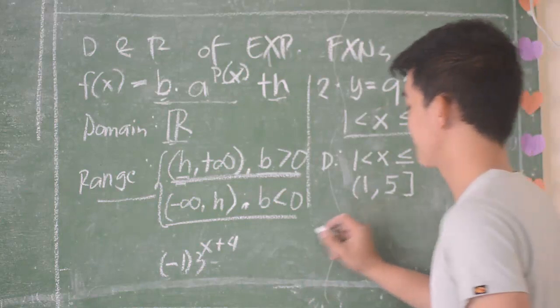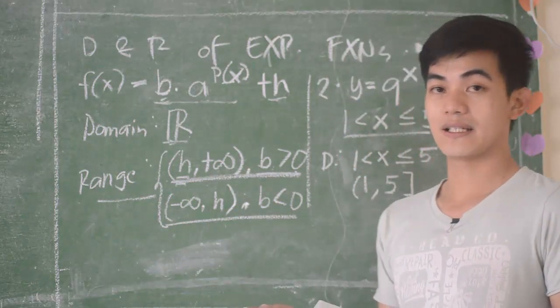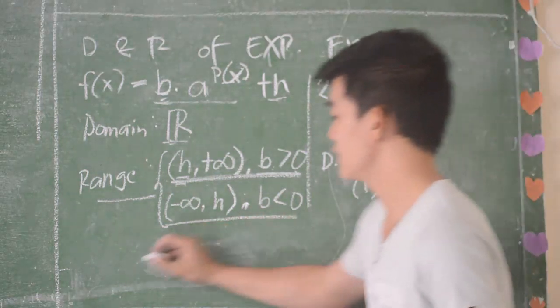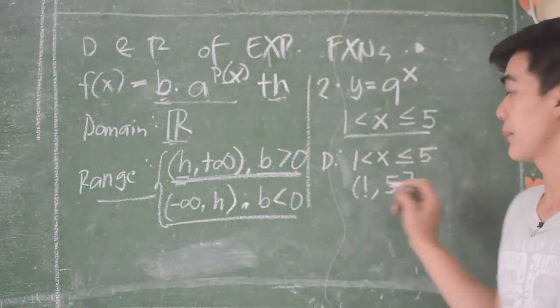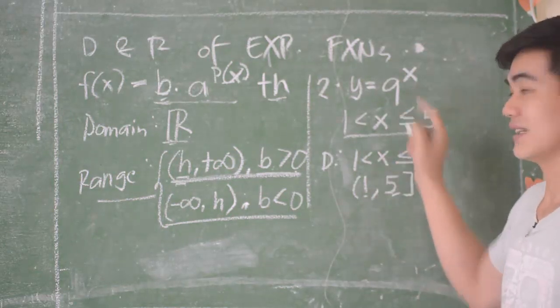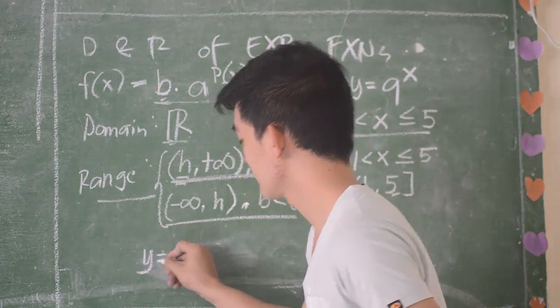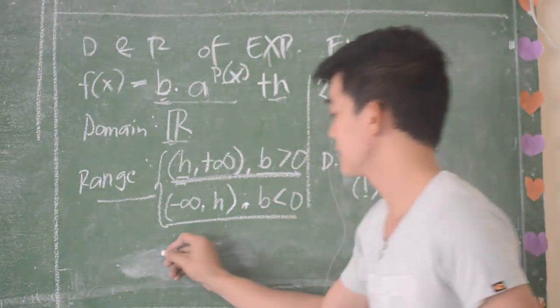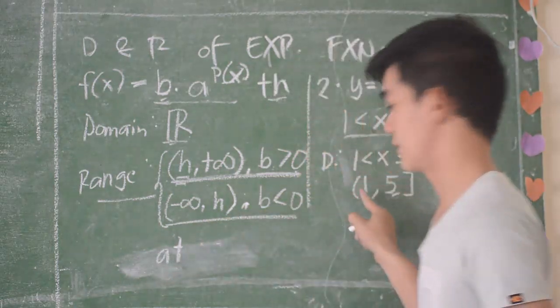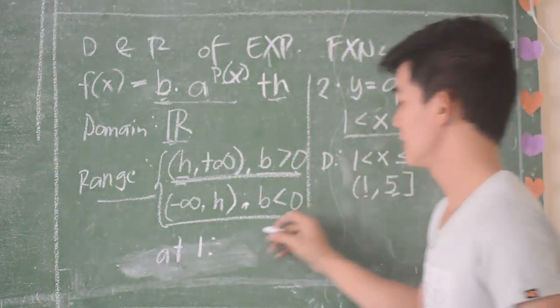Now, for our range, since ganyan class na restricted yung ating domain, for our range, we need to substitute, no? I-substitute natin si 1, tapos i-substitute natin si 5 sa ating function. So that will be y is equal to, at 1, ito, at 1 yan, i-substitute natin siya dito, no?